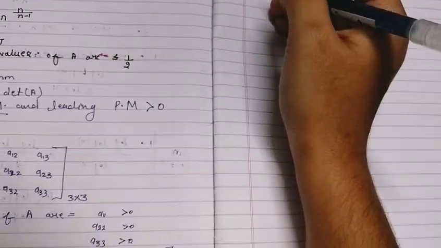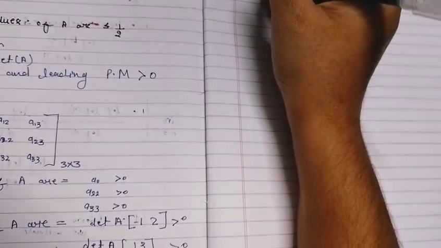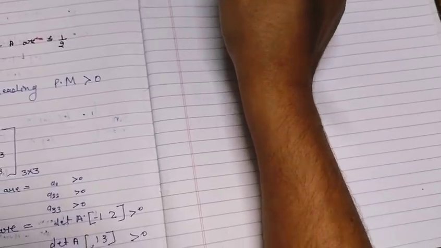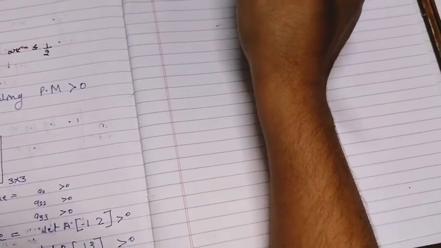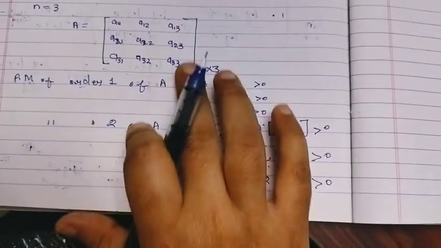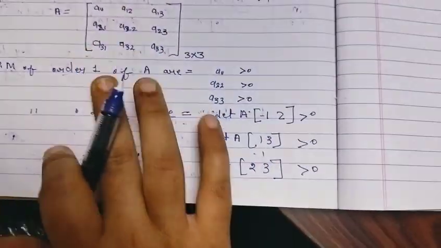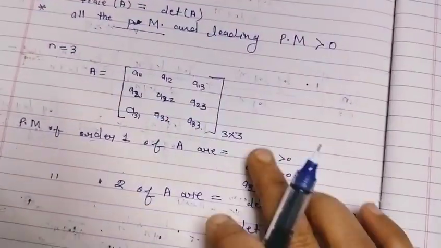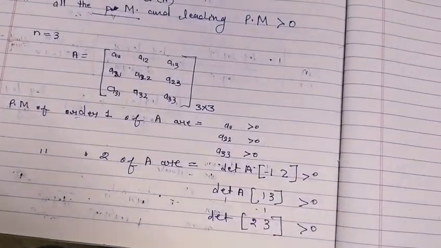And next we will check principal minors of order 3 of A, that is nothing but determinant of A. So we have 3 cross 3 order, so it is only determinant of A here in the case of an order 3 matrix. So what is a leading principal minor?